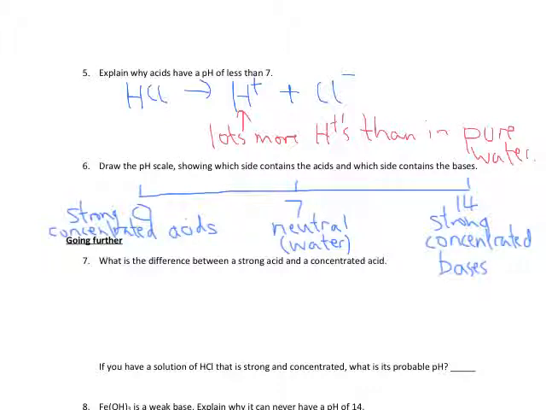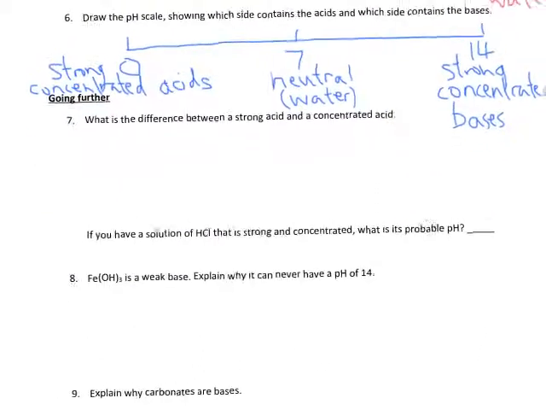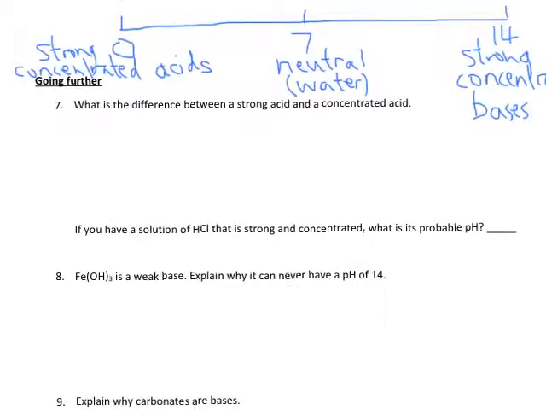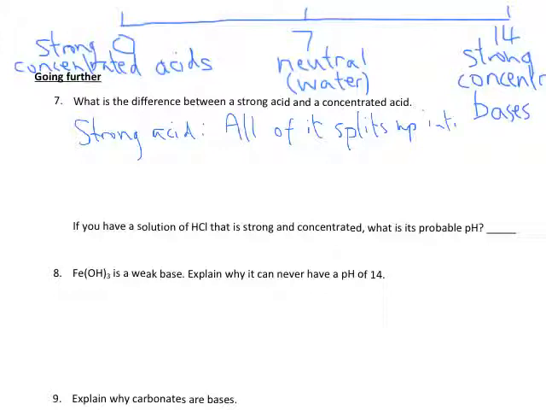Okay, let's go down a bit here. This is probably the most important question in the going further, and I'll leave you to do the other ones. The difference between a strong acid and a concentrated acid. The key idea here is that with a strong acid, all of it splits up into H plus and the other ion, which could be Cl minus in the case of hydrochloric acid.